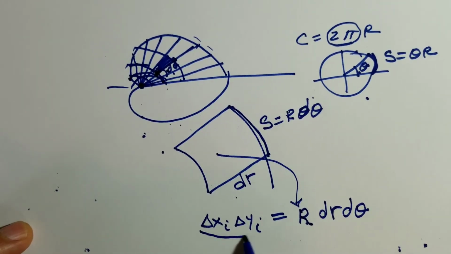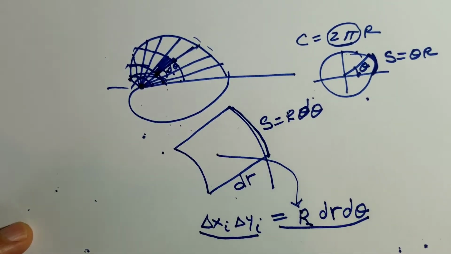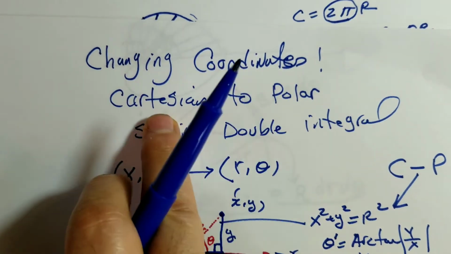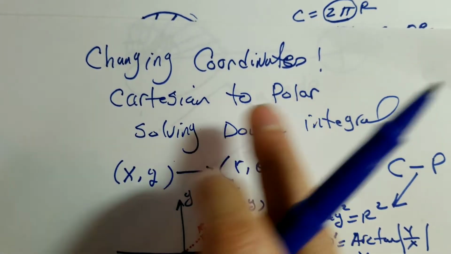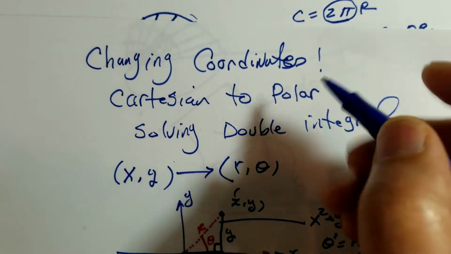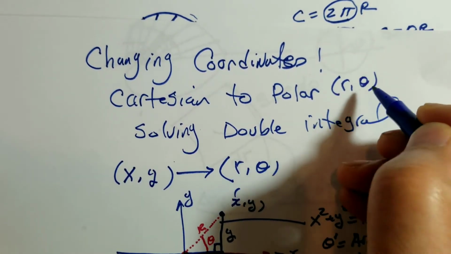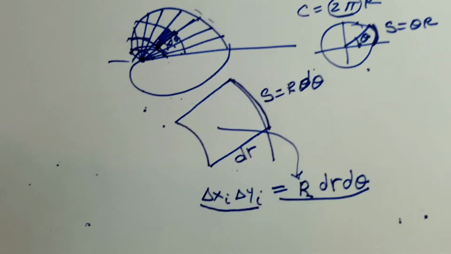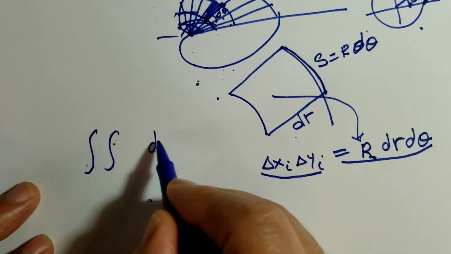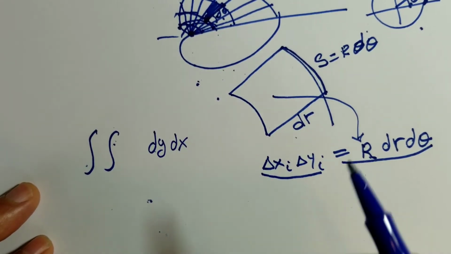Then from today you have to know, if you are going to change the coordinates from Cartesian to polar, Cartesian deals with x and y, polar deals with r and theta. Therefore, in the double integral, here you had dy dx.